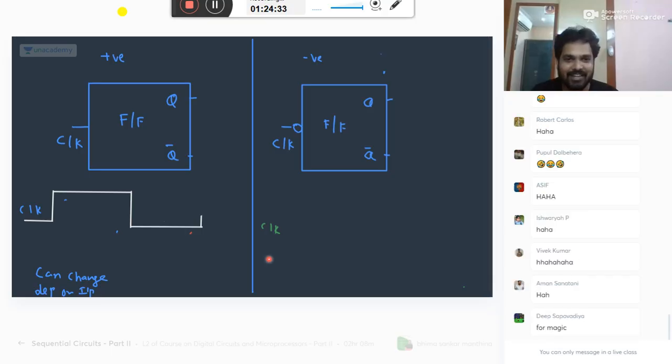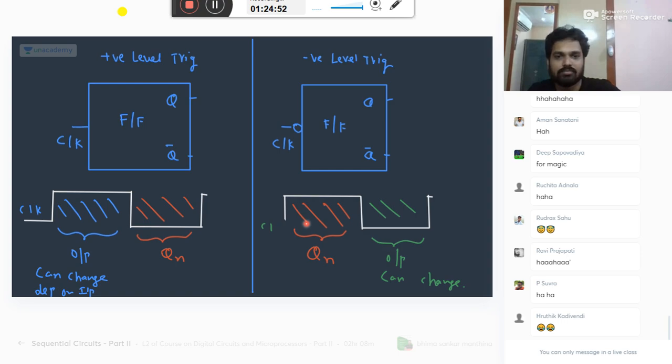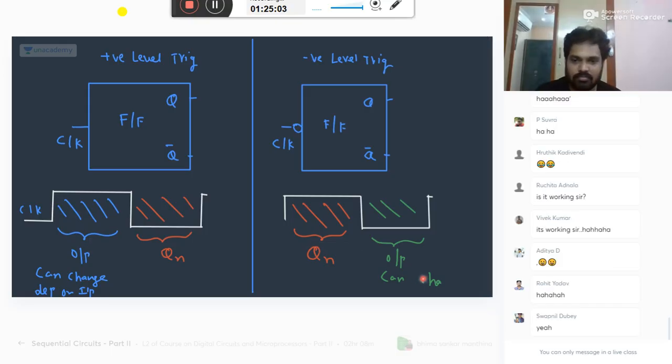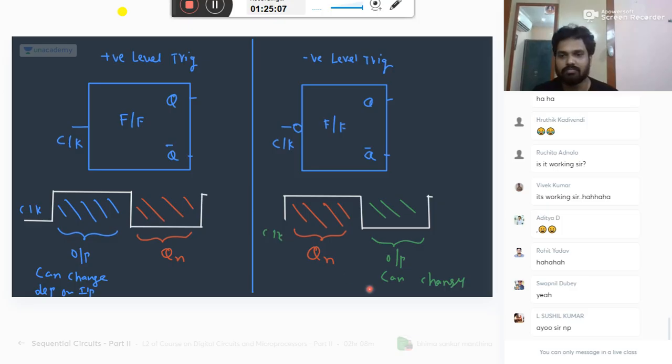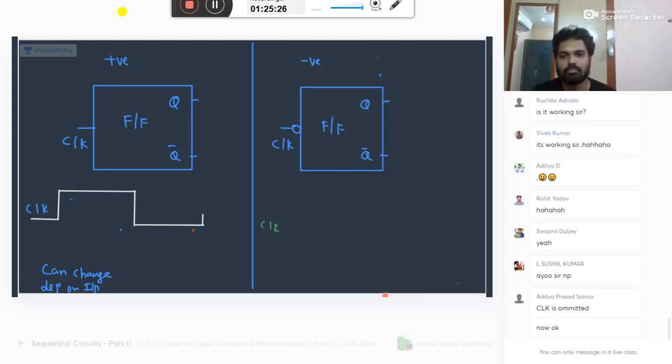Whether eraser is working or not, I'm checking. Sushil, you don't like, then I will get back this part. Okay. So now, listen.